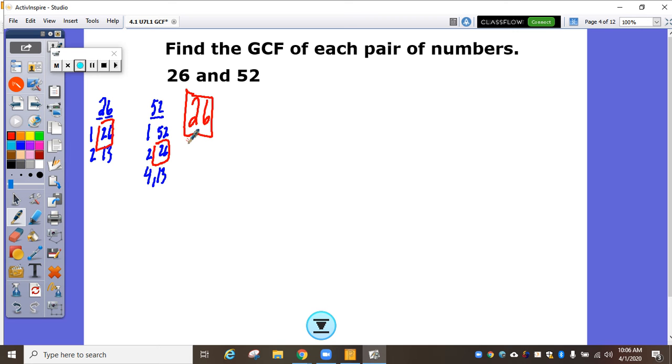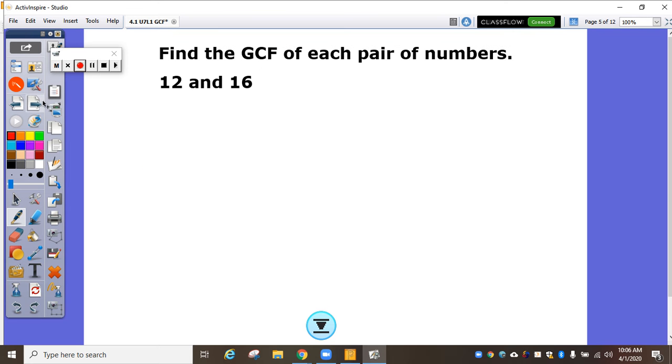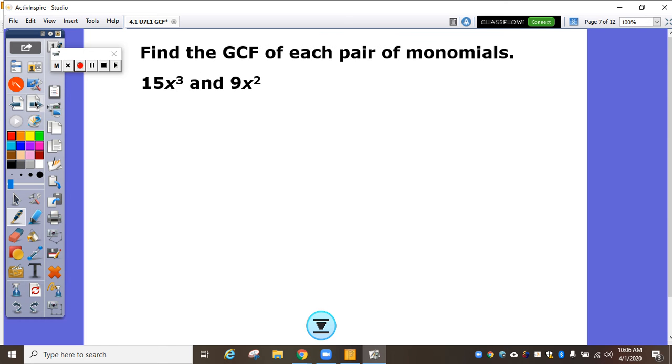Now, when we're introducing a variable to it, let's kind of skip through here. Let's go ahead and just list the factors of 15. My factors of 15 are 1 and 15, 3 and 5. That's pretty easy.